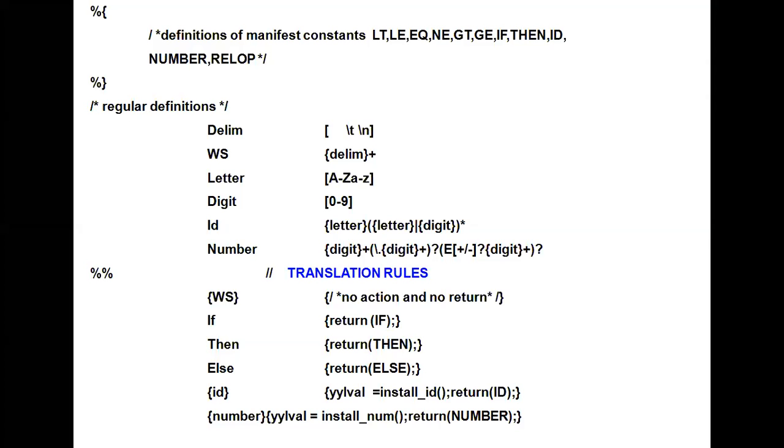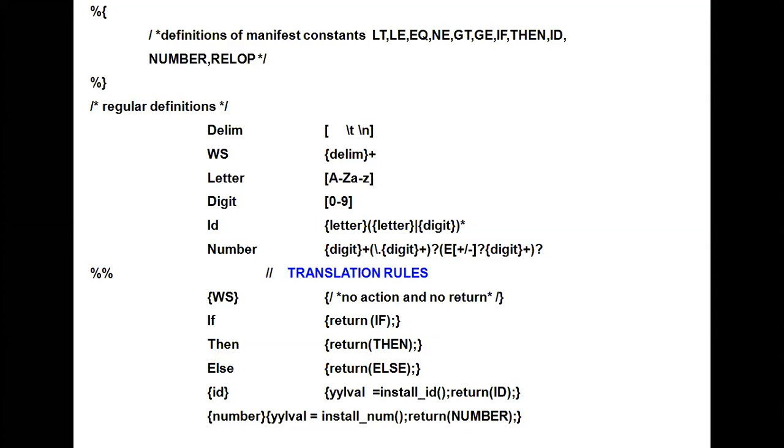The regular definitions are basically components of the regular expressions appearing in the rule section. For example, all the variables that you are using in your program are defined in the declaration section. That's what the declaration section is about.